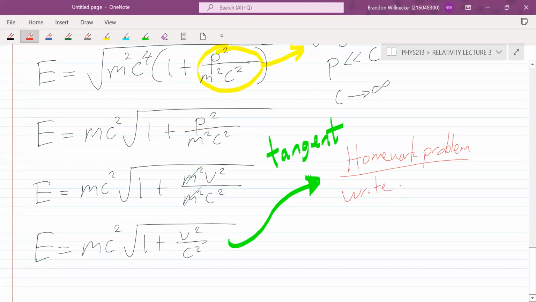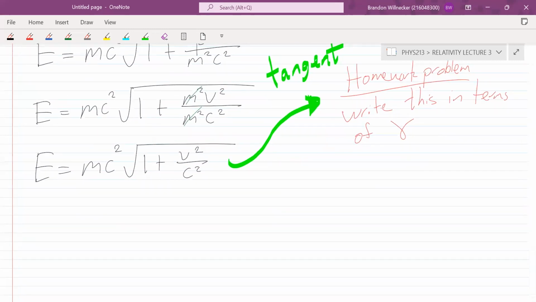Write this in terms of gamma. Remember gamma from before, that factor that we used in time dilation and length contraction. It looks something like this. So try to rewrite this using gamma, see what you get. But that's a little tangent. Let's get back to our calculation.